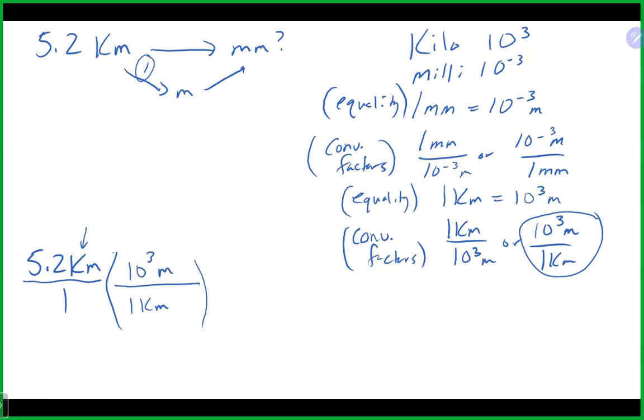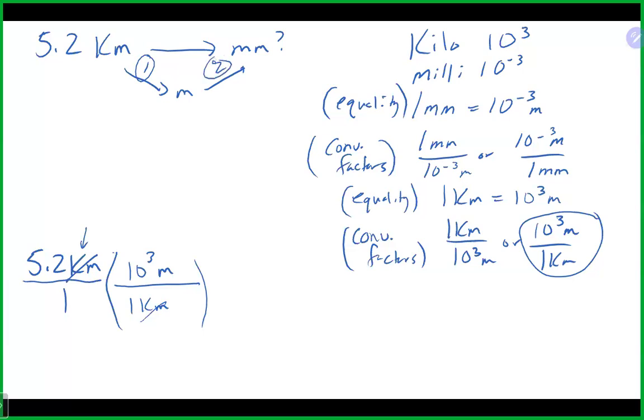If I were to stop my calculation right at this point, the kilometers on top and the kilometers on the bottom would cancel, and I would be in units of meters, which, because I am setting this up correctly, I can clearly see are still up on top, right? I want to get rid of meters now and end up at millimeters.